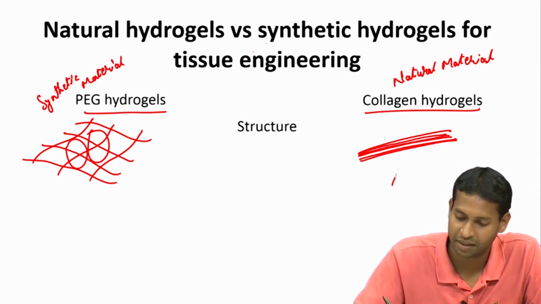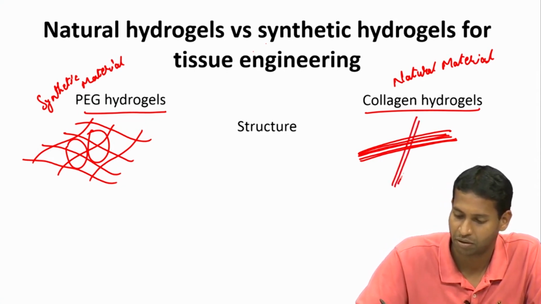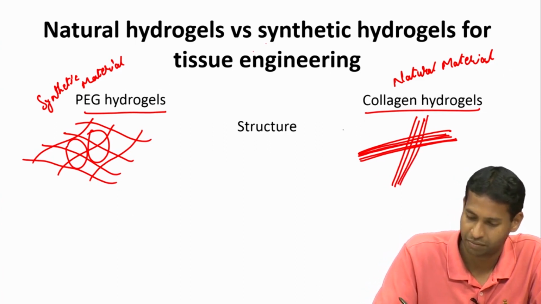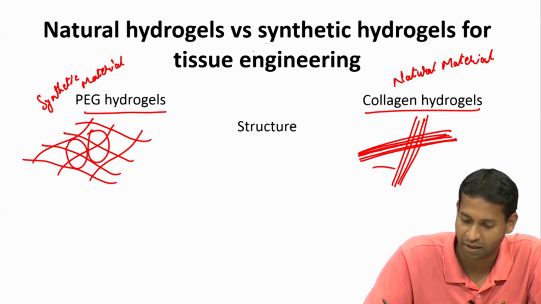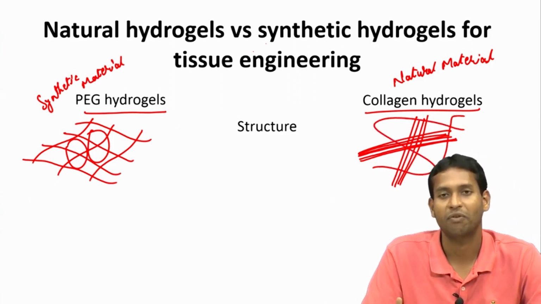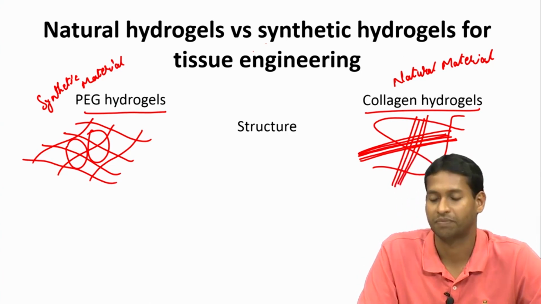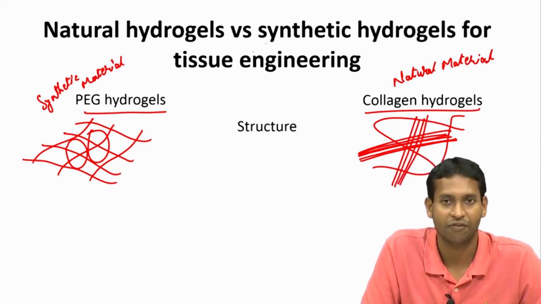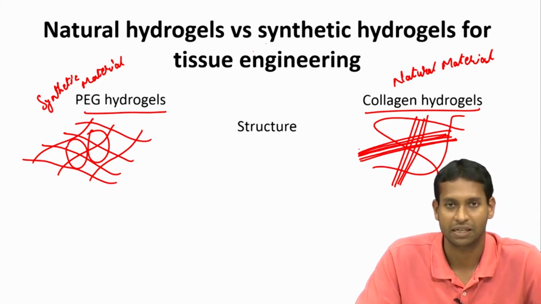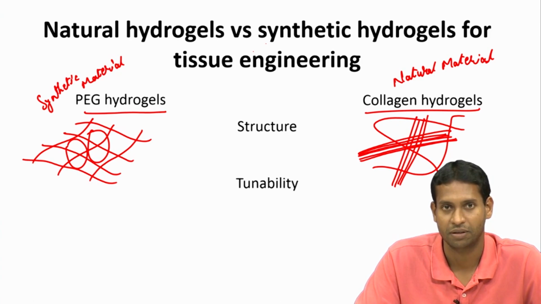Then you can have another thick fiber going through that, and similarly a few thinner fibers also crisscrossing all of this, and this is the type of hydrogel that you get with collagen. So as you can see, it is a very different system between this hydrogel and this hydrogel. So that is in terms of the structure.